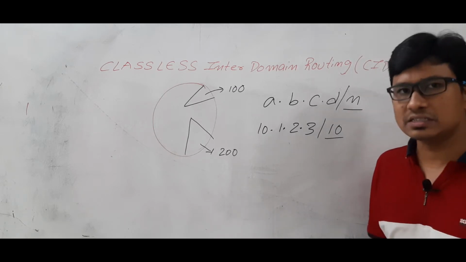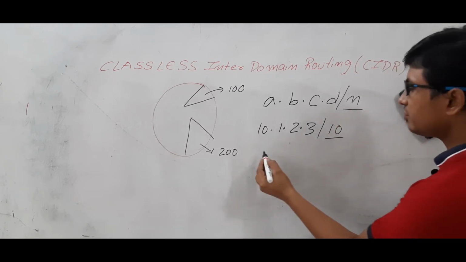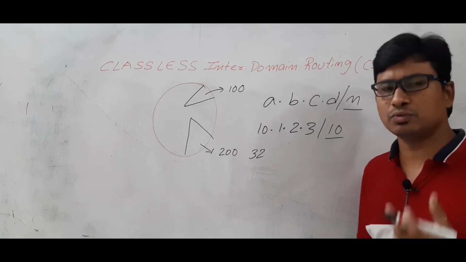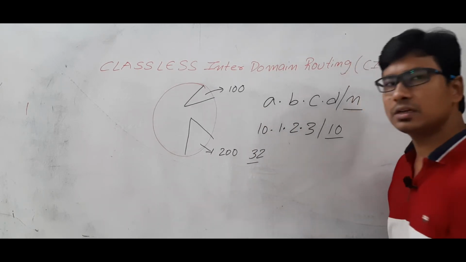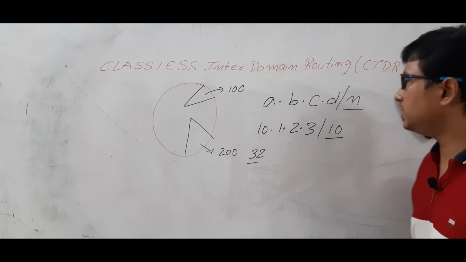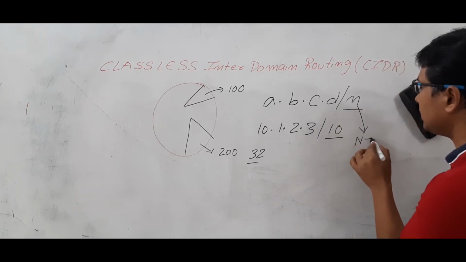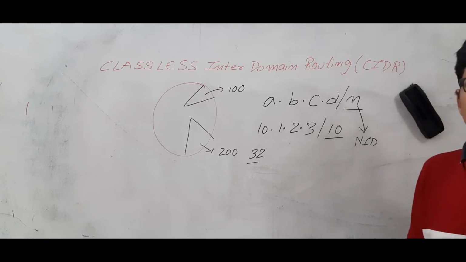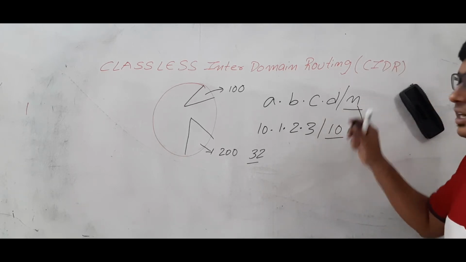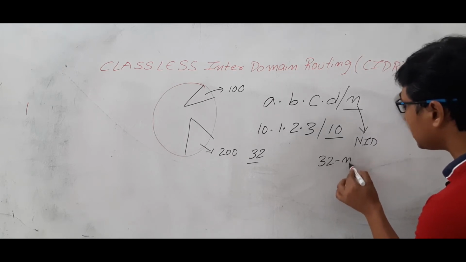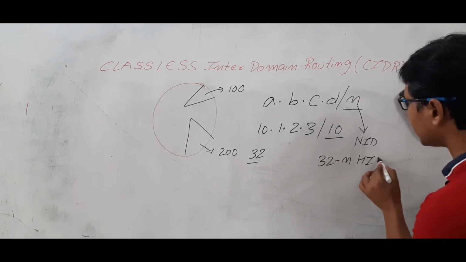It means that out of 32 bits, since you know IP version 4 is 32 bits, n bits are allocated for the network ID. This is very important. N bits are allocated for the network ID, and 32 minus n bits are allocated for the host ID.